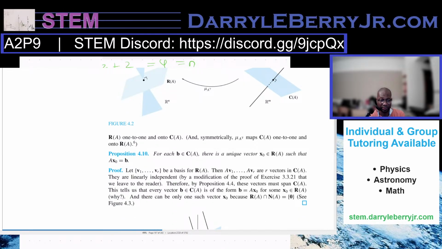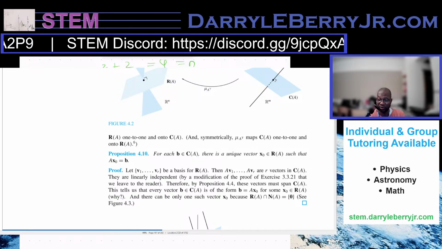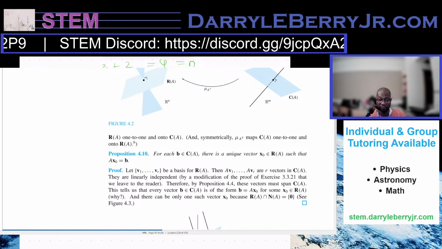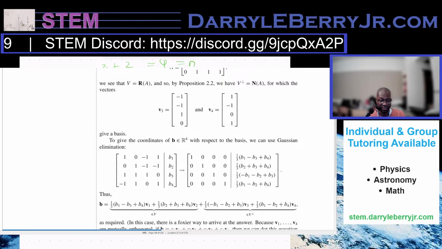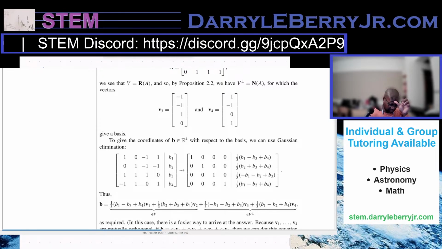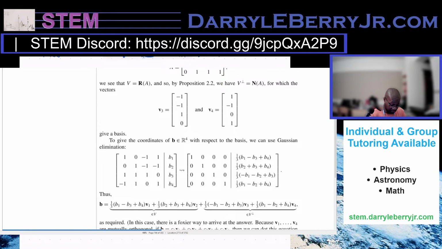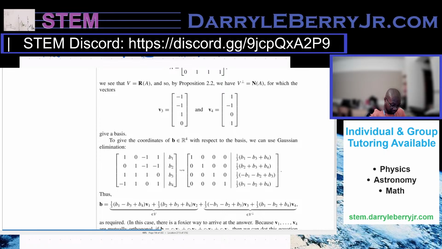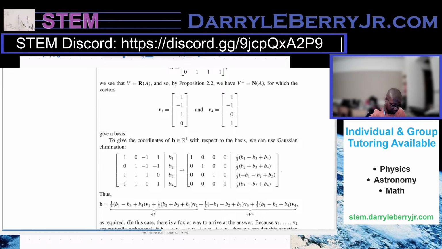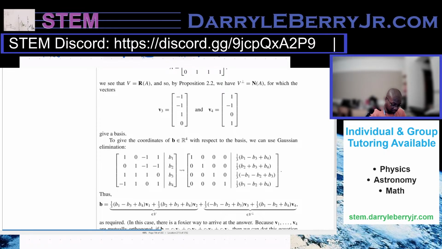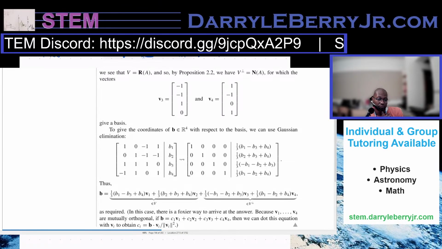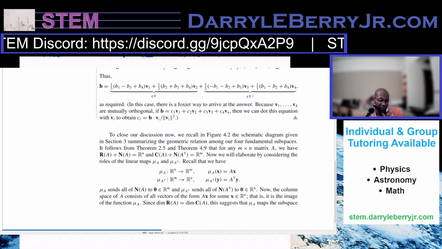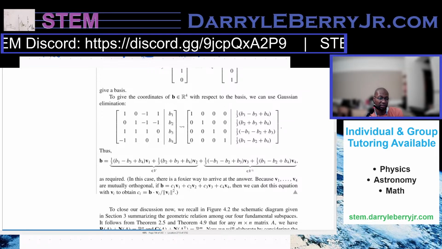Right, so this is all we need to do for this section. Even though I'm not familiar with the Gaussian elimination, so I'm going to have to make a note of that. I don't think we have to actually give the coordinates in terms of B.